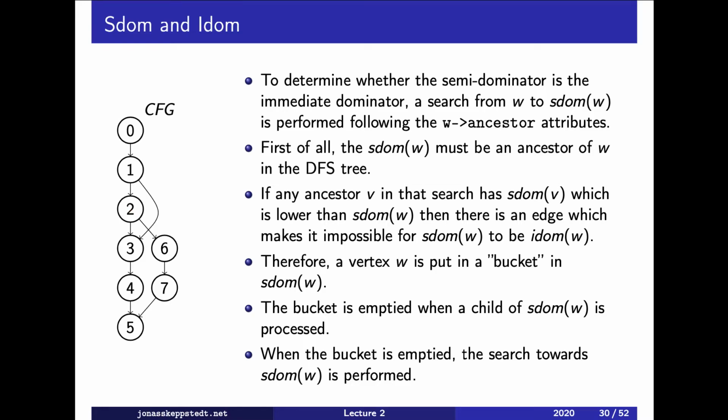What we will come to now is at which moment we should do that search. It turns out that we can do it when we have processed a child of 2. That means, when we have processed a child of 2, then we can process all nodes which currently have 2 as semi-dominator.